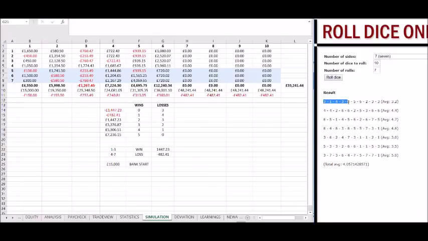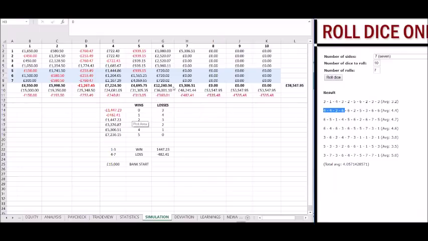2, 3, 4, 5. 1, 2. So here 4, 5,000. Now you're really starting to feel the true extent of what's happening here with this particular model. Here there was 1 loss, 1 win, 3 losses. 1 win, 4 losses, sorry.